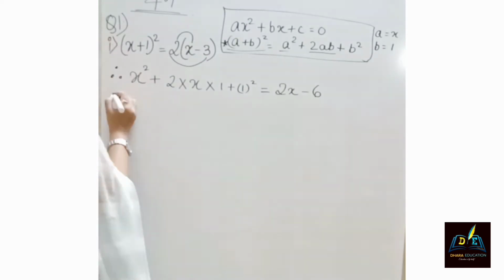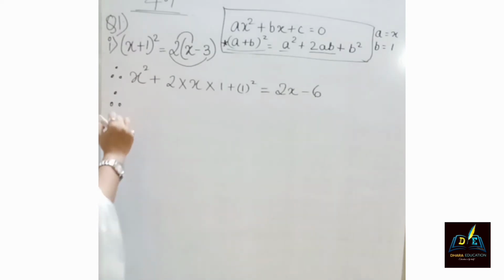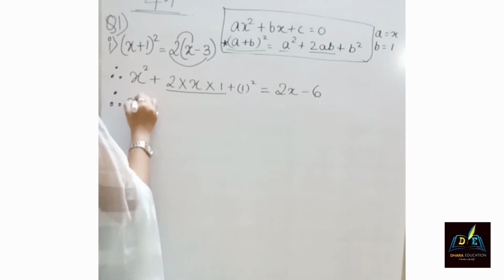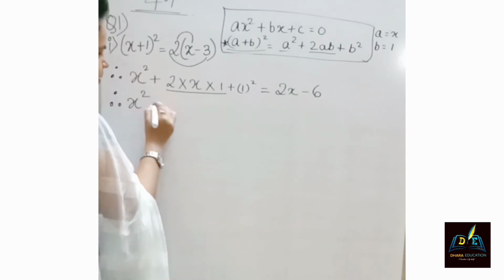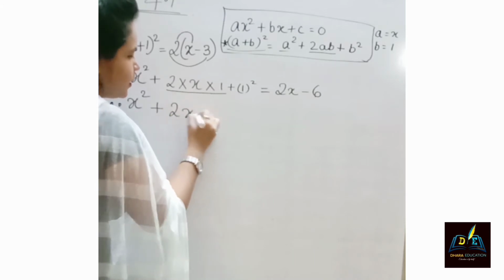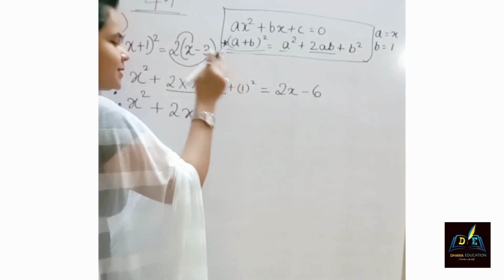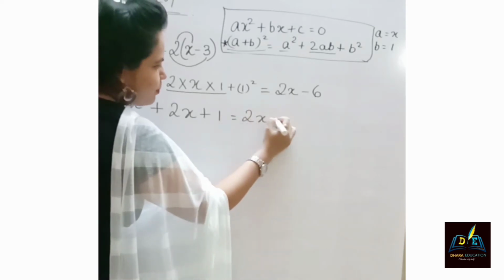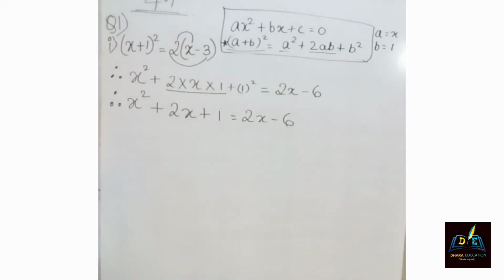Our next step: we write x square as it is, plus 2x, plus 1 ones are 1, is equal to 2x minus 6. Alright.